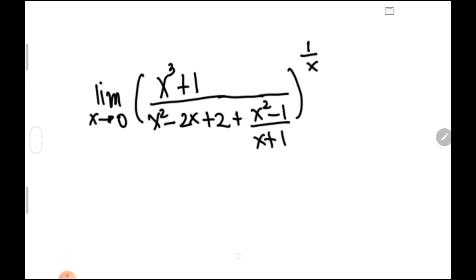Okay, so probably if we would substitute the value directly to our 1 over x, so undefined na agad yung nasa taas.